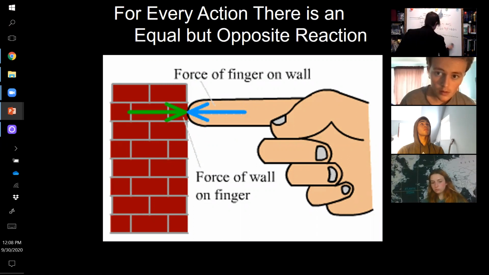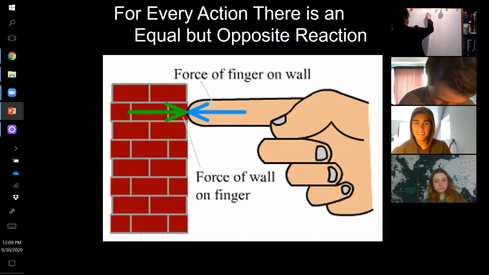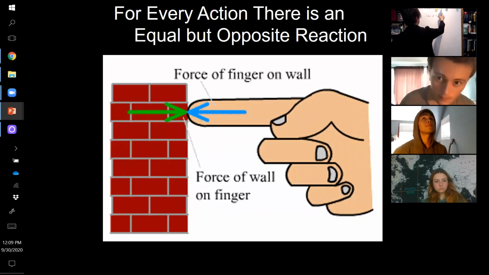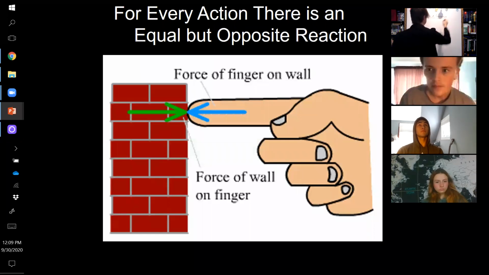That's all I wrote down. Sorry about that, buddy. Okay, so introducing the law of gravitation. I got it. You got it? All right.